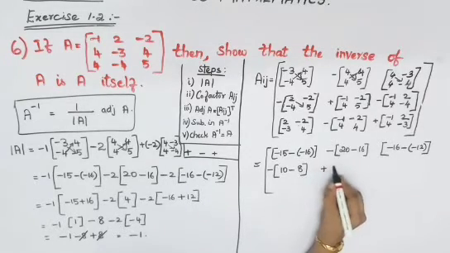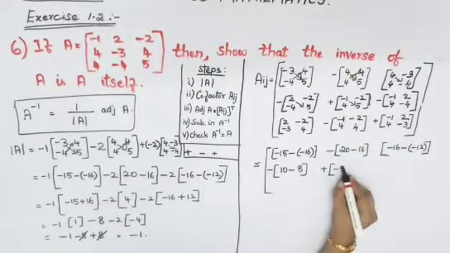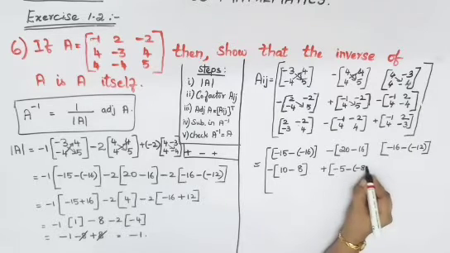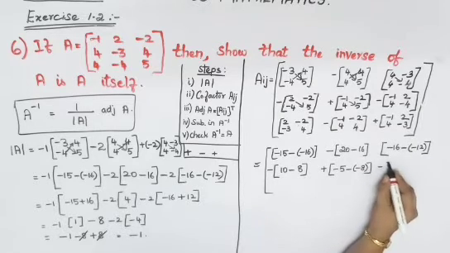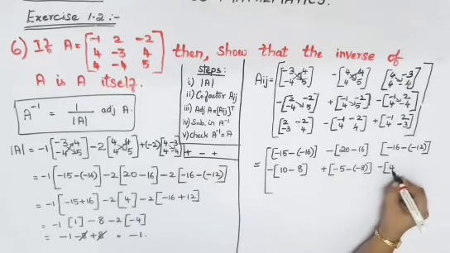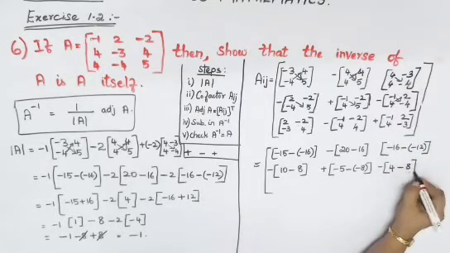So plus, open your bracket, minus 5 minus 4 2s are minus 8, minus 2 is there, so it is minus 8. Again minus, open your bracket, minus 1 minus 4 is 4 plus 4, minus 4 2s are 8.